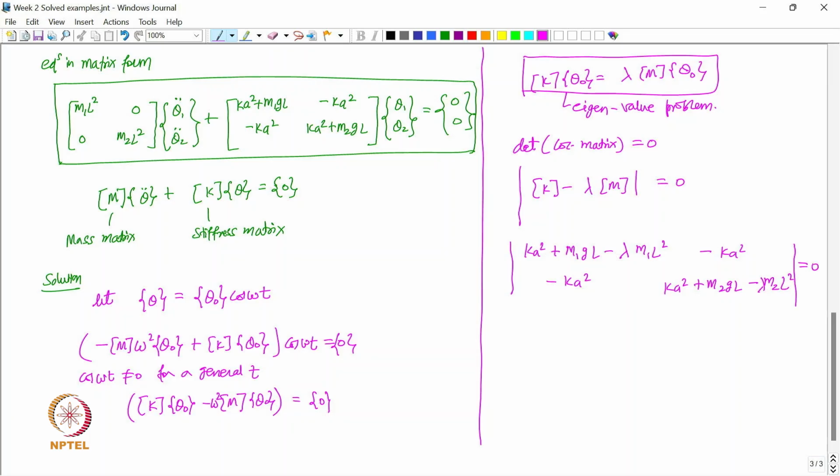So, this determinant should be equal to 0. And just now, to solve this further, let us assume we take m1 and m2 the same.